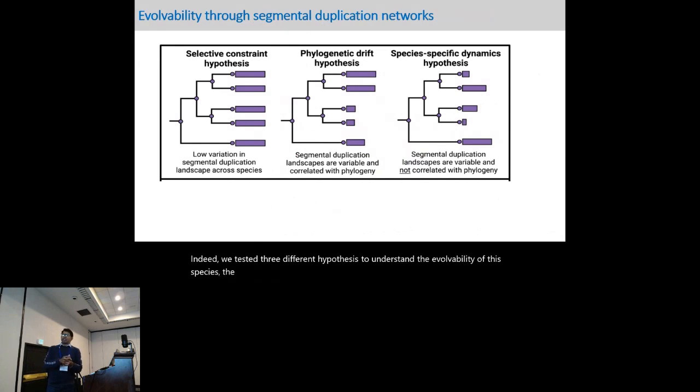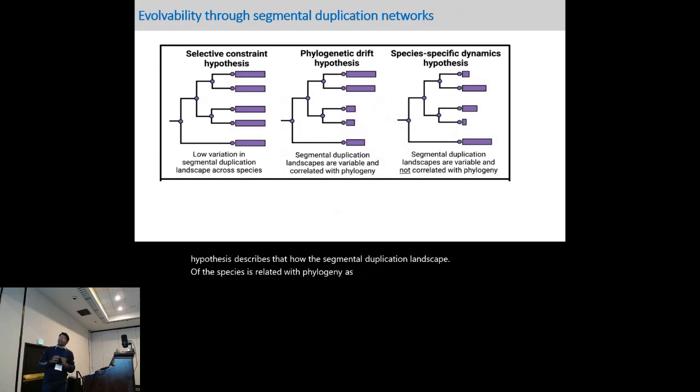The first hypothesis describes how the segmental duplication landscape varies across species. If this hypothesis holds, then we can conclude that the segmental duplication landscape is conserved across species. The second hypothesis describes how the segmental duplication landscape of a species is related with phylogeny.